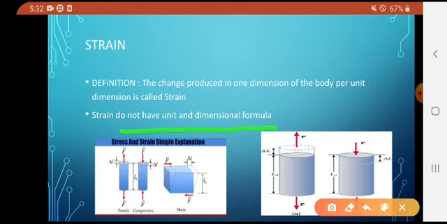Some students think that there is no dimension, so no need to write the units. There is no unit and no dimensional formula, so they think no need to write anything. In that case the examiner also thinks no need to give a mark, right? So you have to mention there is no unit, no dimensional formula for strain.